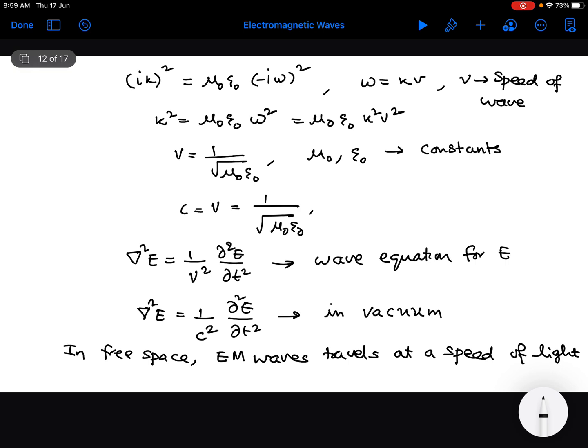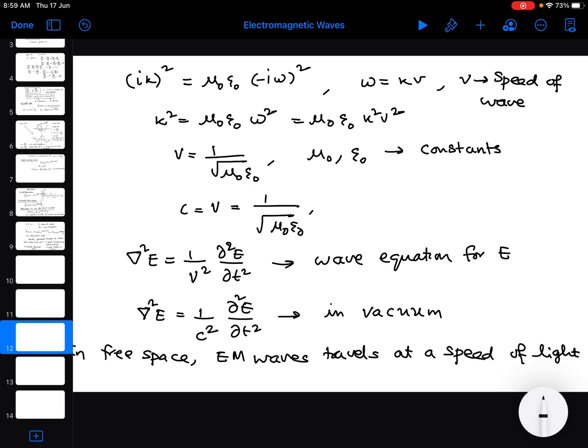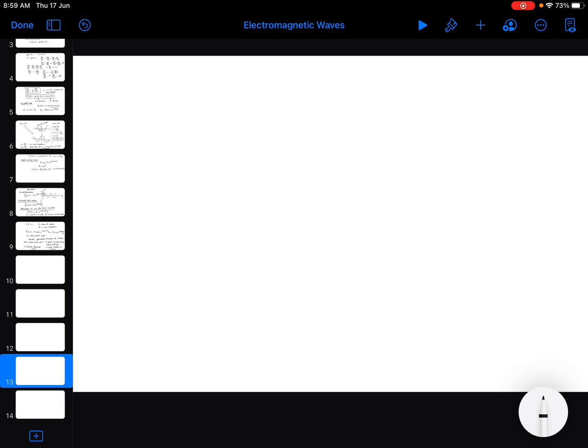Now all this we are seeing because Maxwell added a term to Ampere's law. Had Maxwell not added these extra terms to Ampere's law, we would not have seen a wave equation, and we would not have studied electromagnetic waves at all.